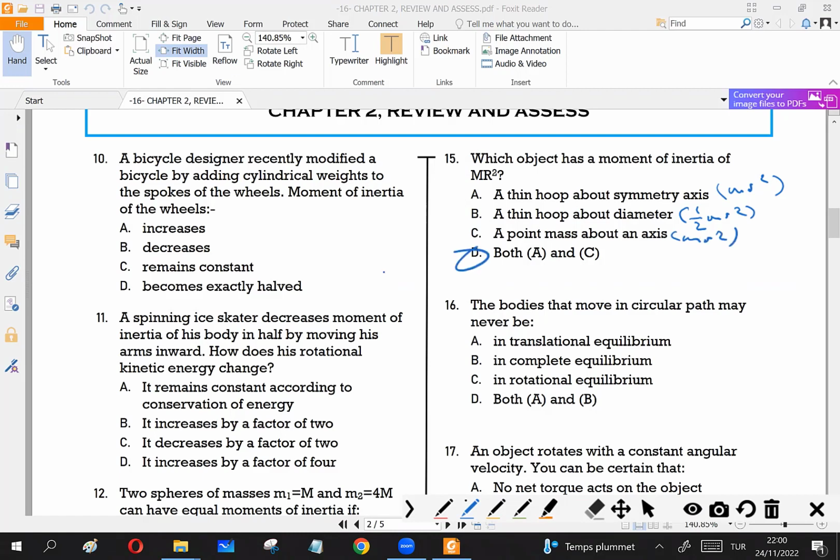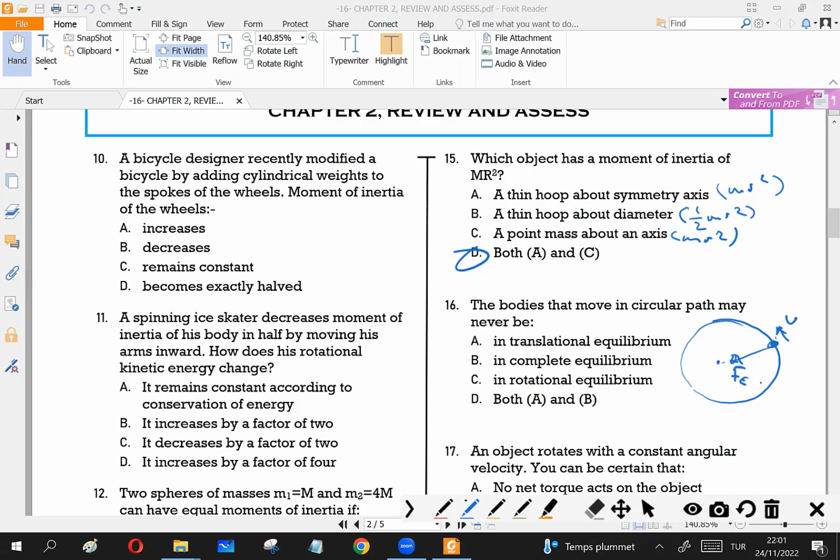The bodies that move in a circular path may never be in translational equilibrium, in complete equilibrium, in rotational equilibrium, both A and B. If an object is moving in a circular path, there must be a resultant force acting on this object, which is called centripetal force, towards the center.